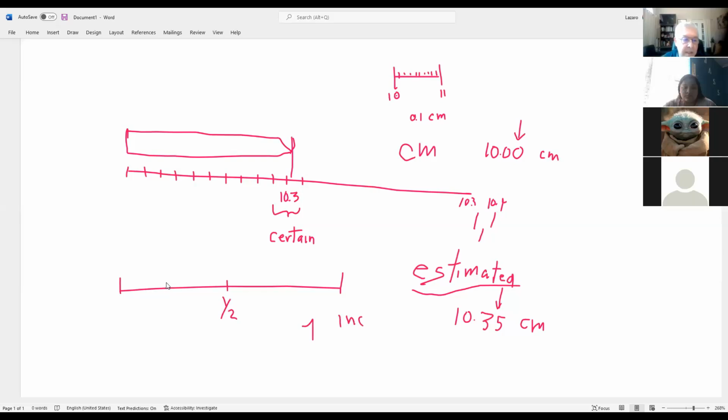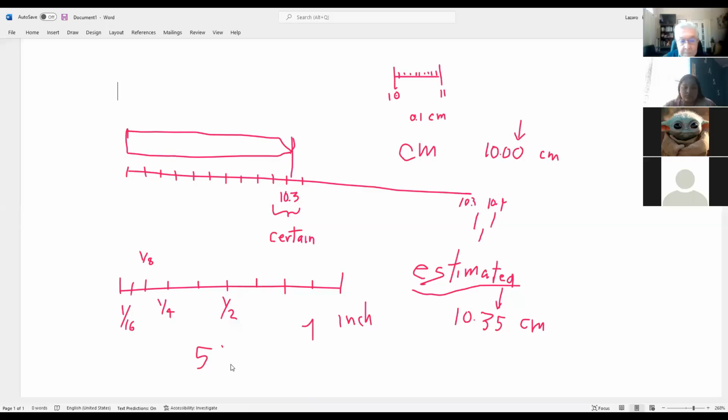But if it is here or here, then this line represents how much? A fourth. And if it is a line in between, then it will represent an eighth. And still, you can also have 1/16. Got it?